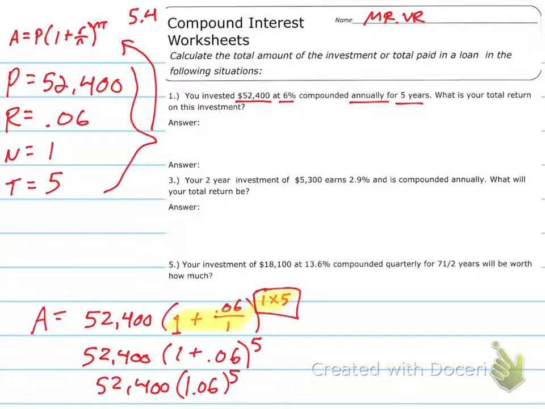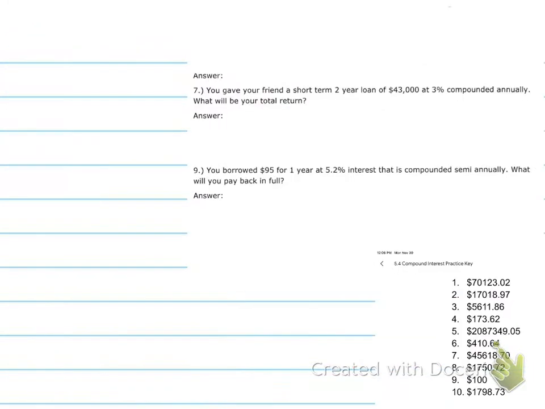And you'll get $70,123 and then 2 cents. Make sure that you label it because it'll be in dollars. So if I check my answer key, 70,123 and 2 cents, that one's good to go.